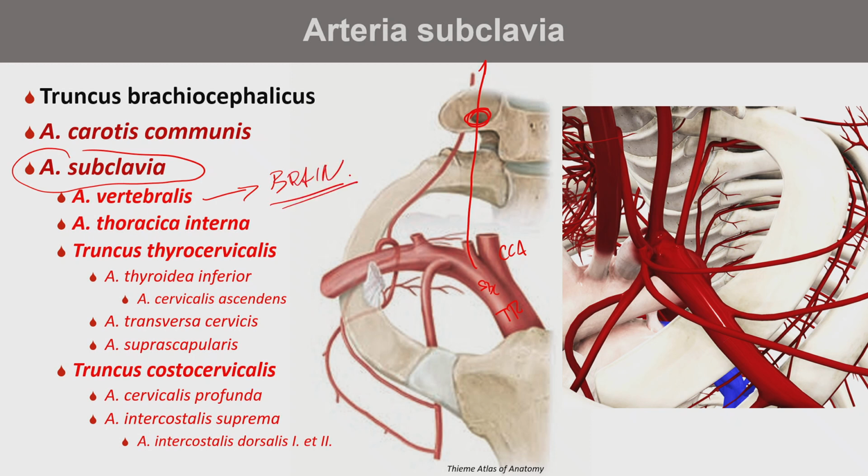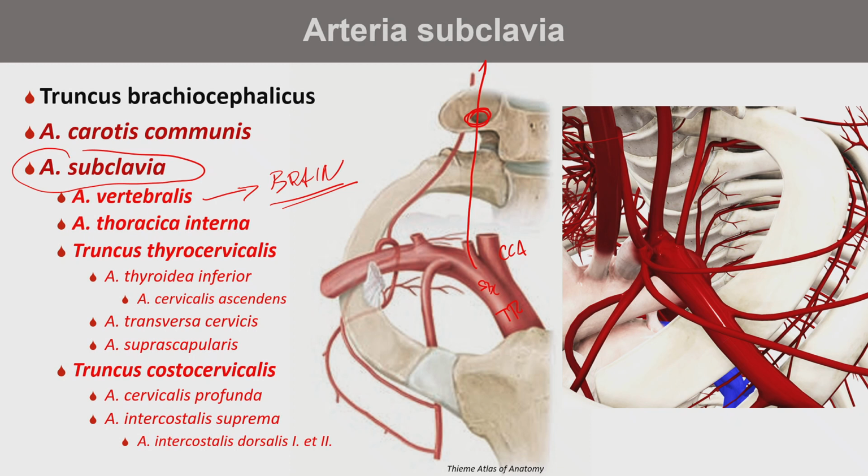It's supplying not only the brain but also the superior part of the cervical spinal cord, but from the brain importantly supplying the brainstem, cerebellum, and the occipital regions of the telencephalon. We will cover the circulation of blood in the brain in the next lectures about the brain. So this is a very, very important source of blood for the central nervous system.